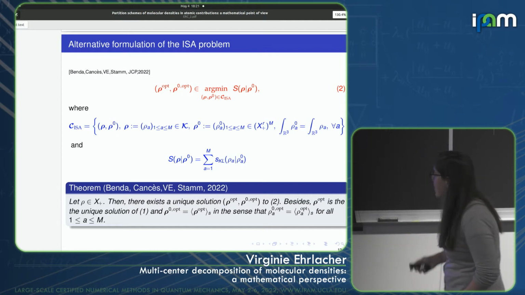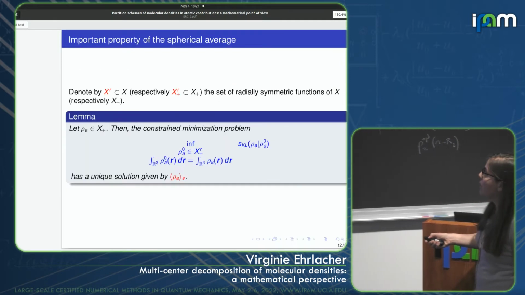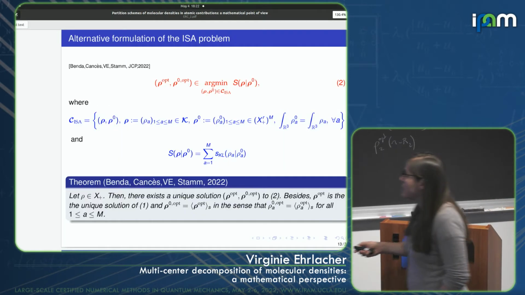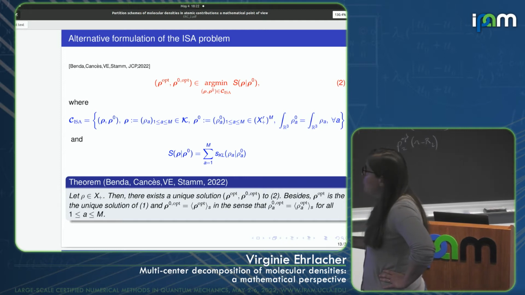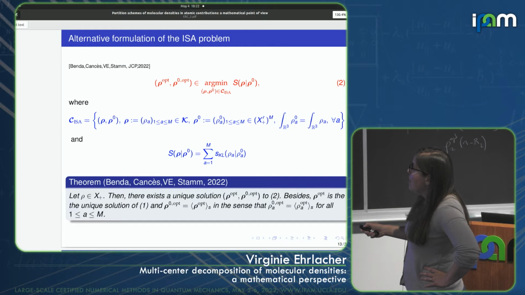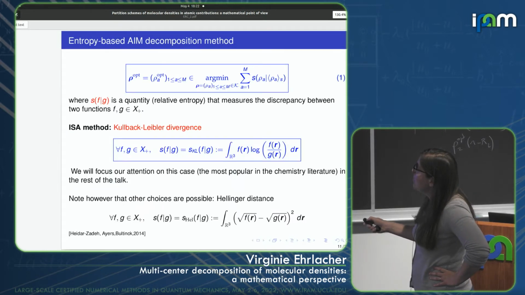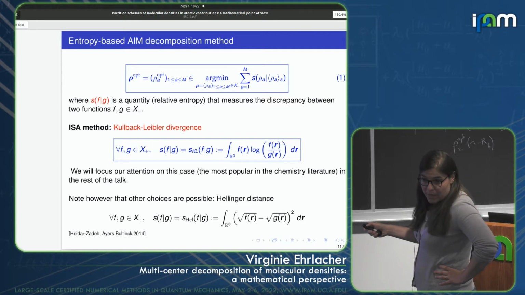Then what you can prove is that this problem is equivalent to the first one, in the sense that there exists a unique solution to this optimization problem. The rho opt which appears here is the unique solution of the original ISA problem.